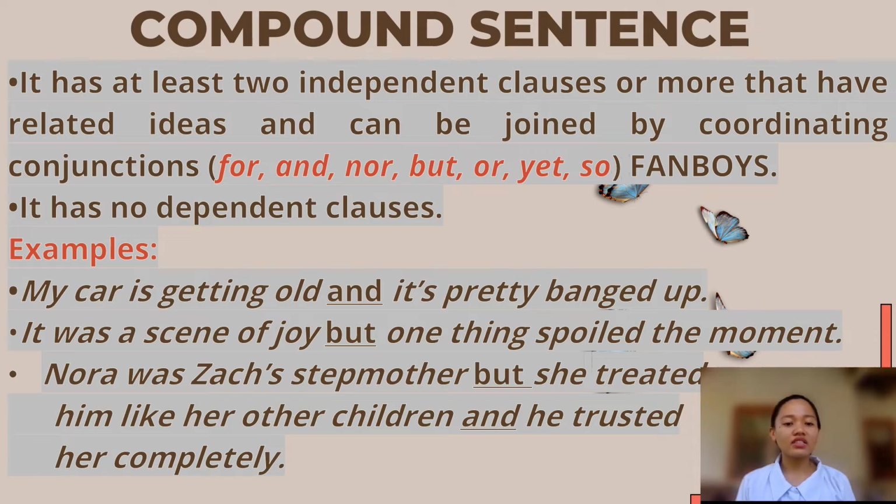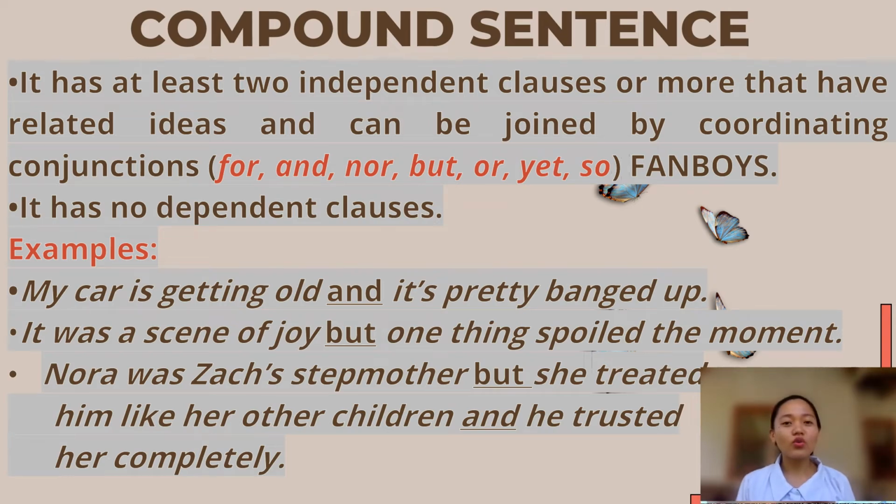In the second sentence we have, it was a scene of joy, but one thing spoiled the moment. We also have two clauses here. First, it was a scene of joy, and then our second clause, one thing spoiled the moment. It is connected by a coordinating conjunction, which is but.